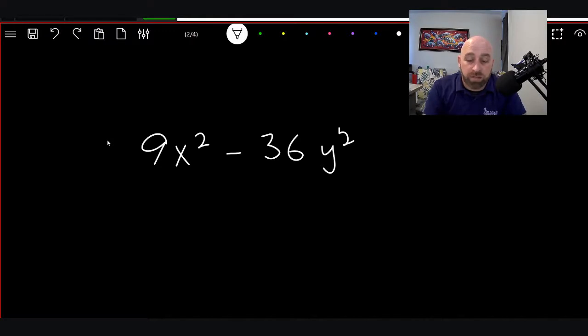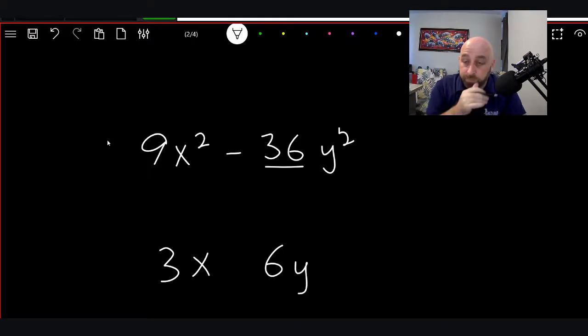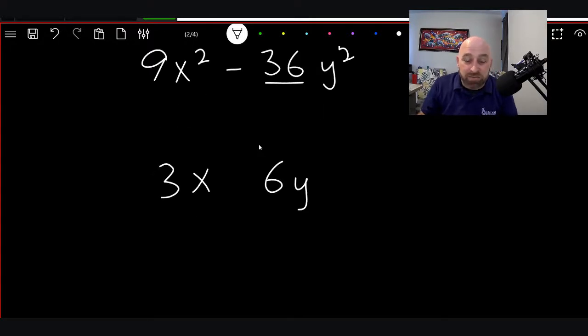What's the perfect square of that? 3x. What's the perfect square of this? 6y. Okay. Now, it is a little bit tricky here. This one gets really tricky really fast if you don't common factor. I told you should common factor first.